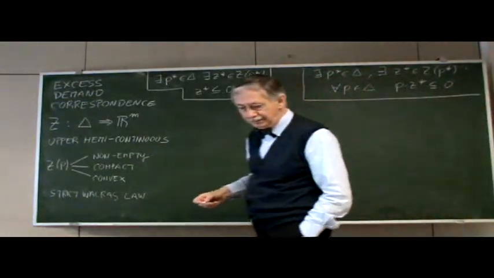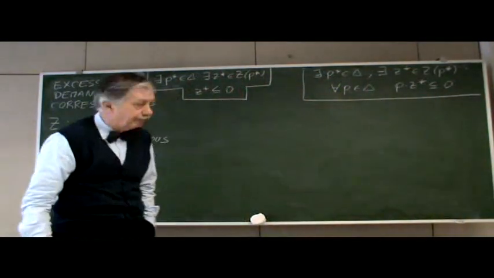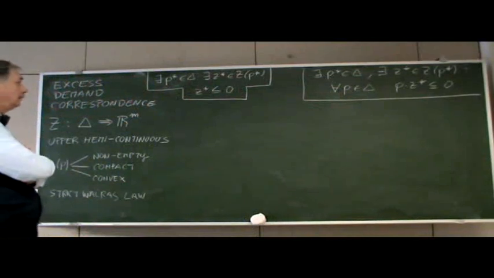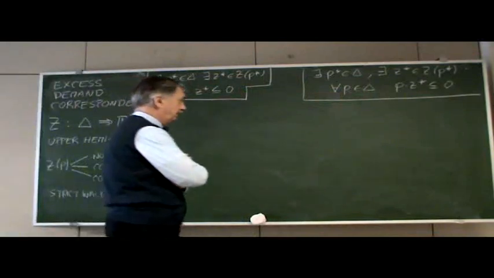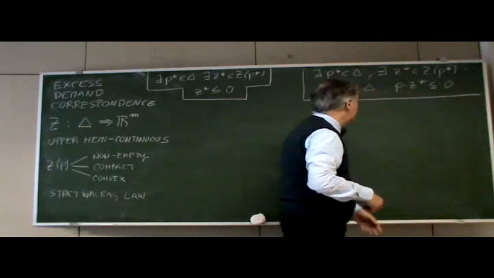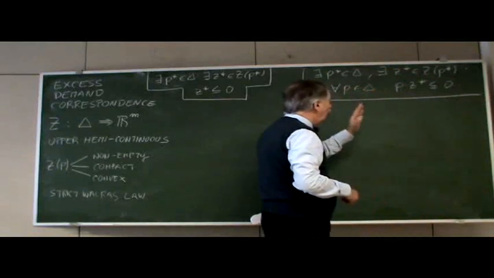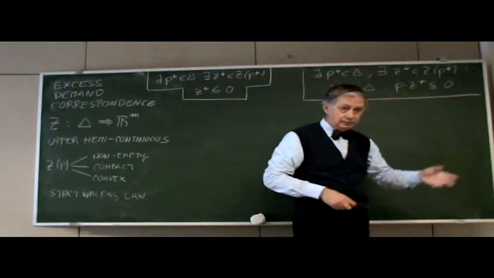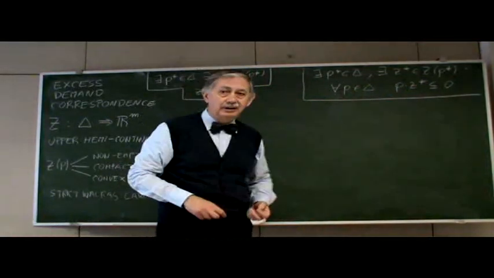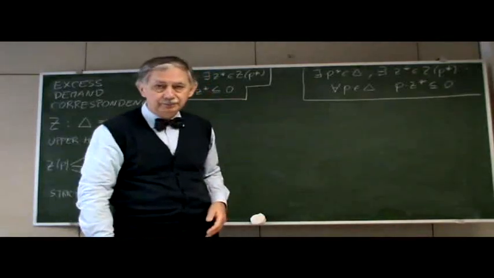This is our preliminary lemma. There exists a price system, there is a vector of excess demand, such that when evaluated with respect to any other price system, this vector has a non-positive value.